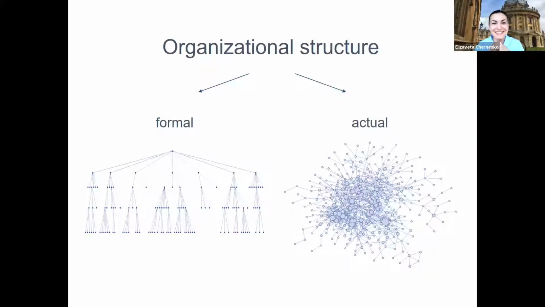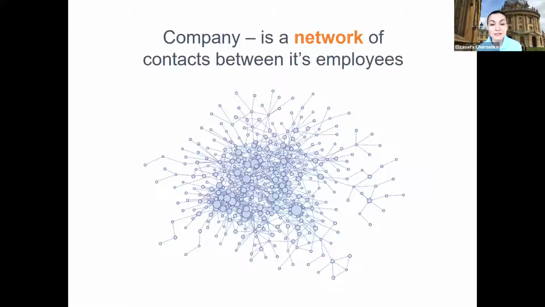On the right, you now see an example of how the actual informal social structure might look. In this diagram, every circle is a person, an employee, and every line is some kind of relationship between them. This picture is actually from my own practice, so these are connections between real people. The position of an employee within this network tells the whole story about his or her role within the organization, and the structure of the whole network may tell us how efficient the procedures are and what can be done better.